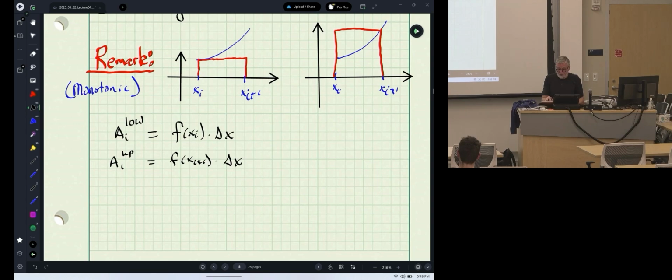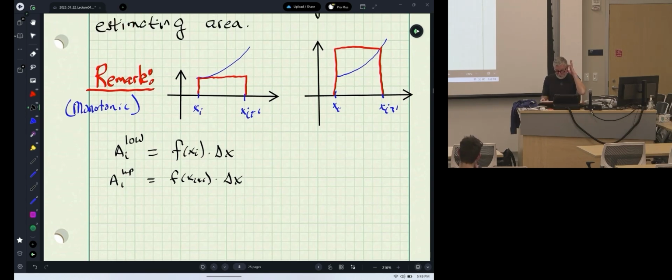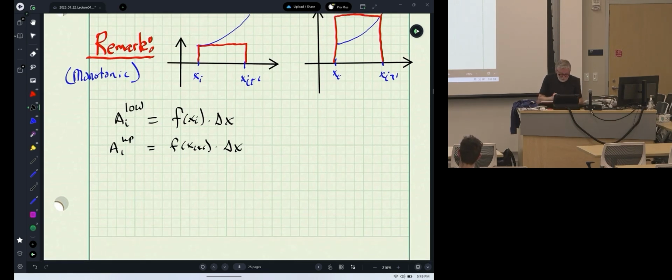And once again, because it's monotonically increasing, if it were decreasing, the lower and upper would have the x sub i and x sub i plus 1 swapped. And the trapezoidal area was this.